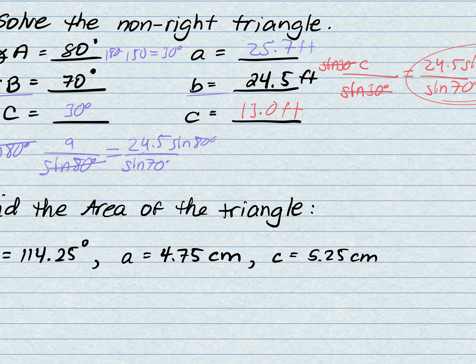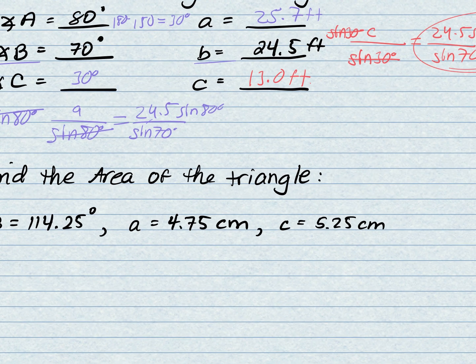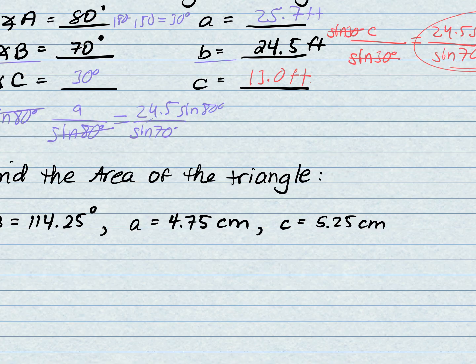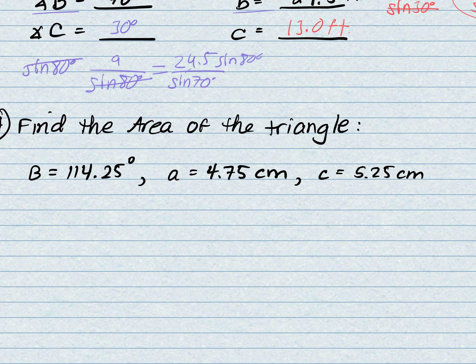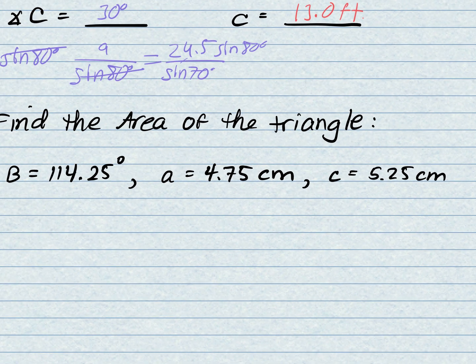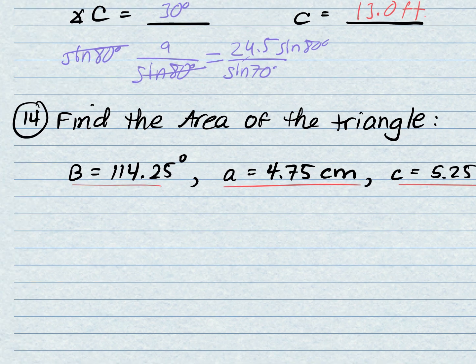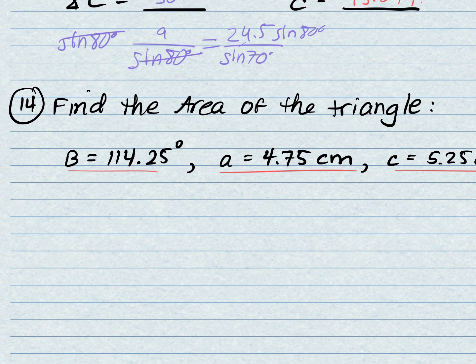All right, the only other thing on your quiz tomorrow is going to be the area of a triangle. We gave you the area formula. So all you need to do is match it with the correct one and plug it in. But no matter what, as long as we have two sides and an included angle, we're able to find the area of the triangle. So my area is 1/2.